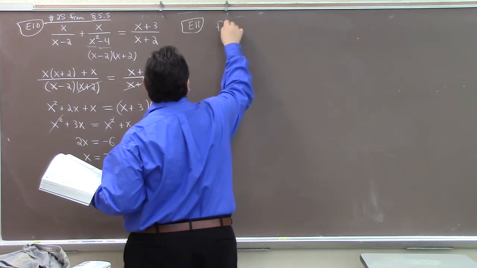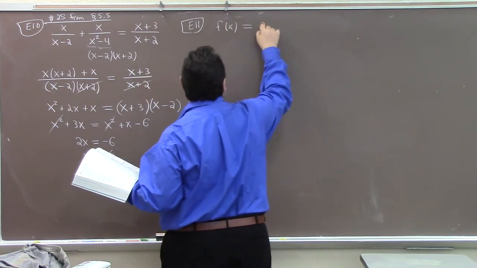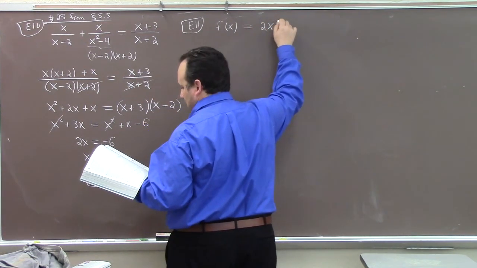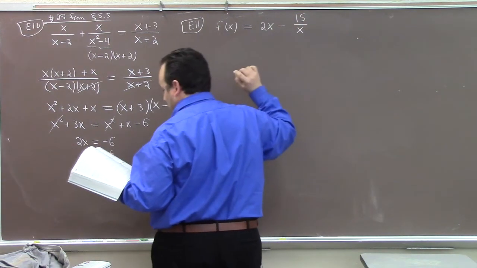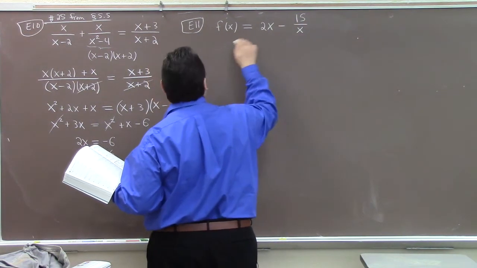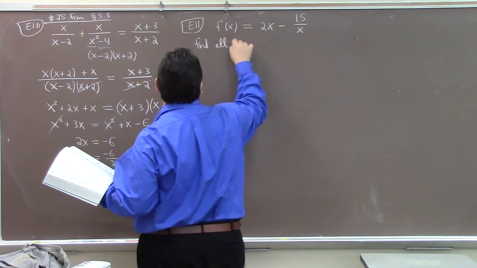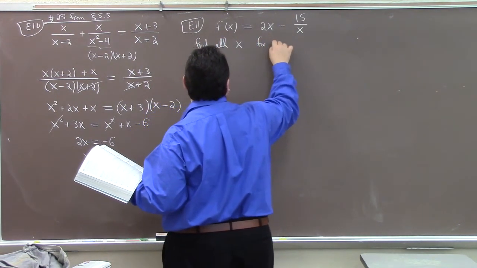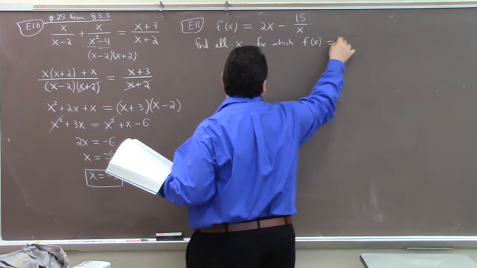So here, f of x equals 2x minus 15 over x, okay? This is a function, all right? And then it says find all x for which f of x is equal to 1.